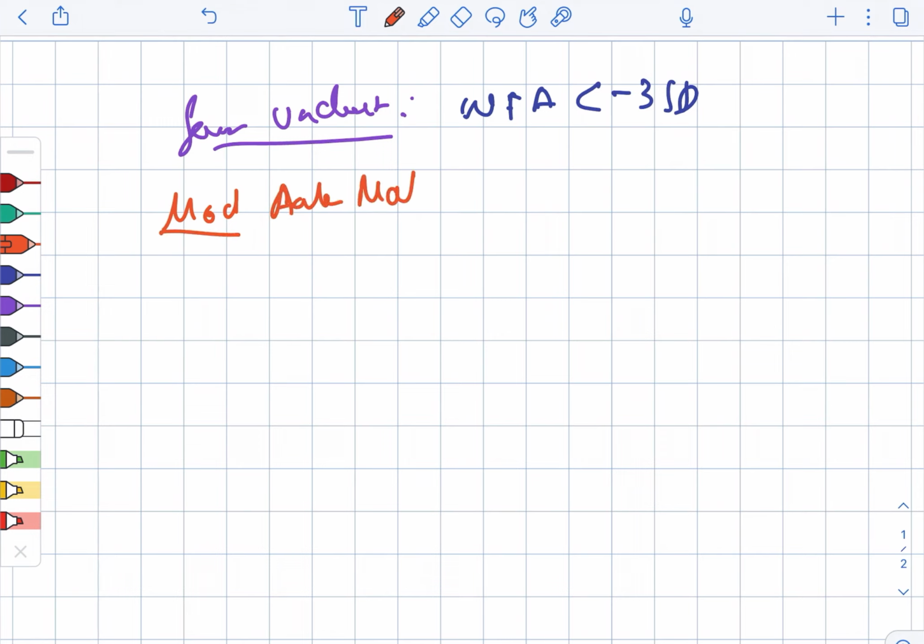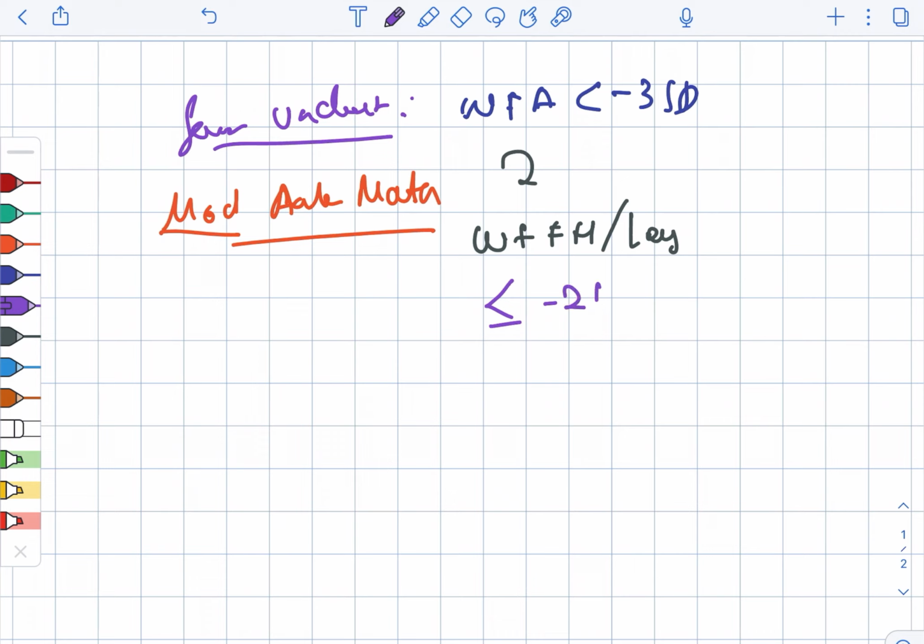acute malnutrition, this includes the weight for height as well as length ratio. This is less than or equal to 2 standard deviation and greater than or equal to -3 standard deviation.